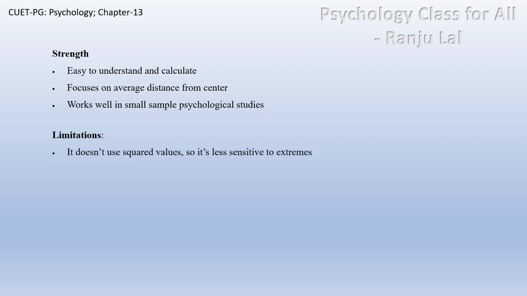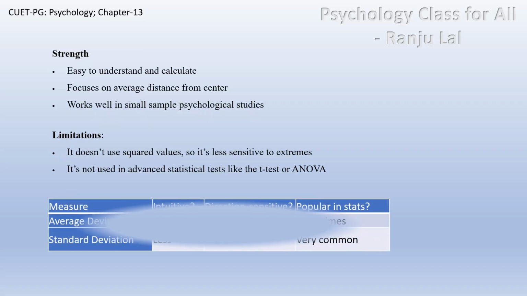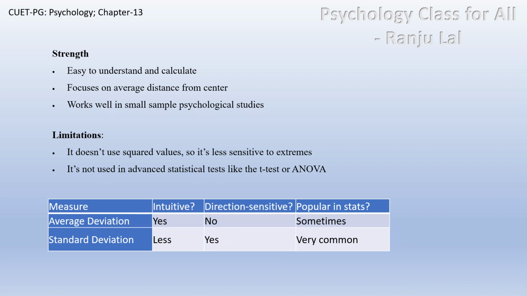It's not used in advanced statistical tests like the t-test or ANOVA. Comparison of AD to standard deviation we will discuss in the next class. AD is simpler and intuitive, and standard deviation is more precise and commonly used in inferential statistics.